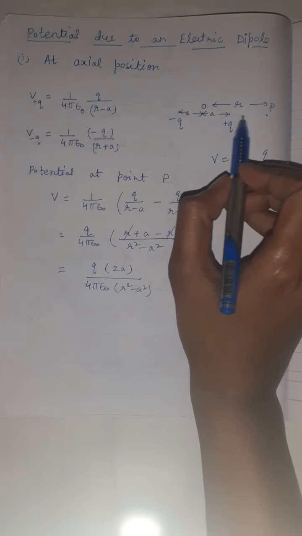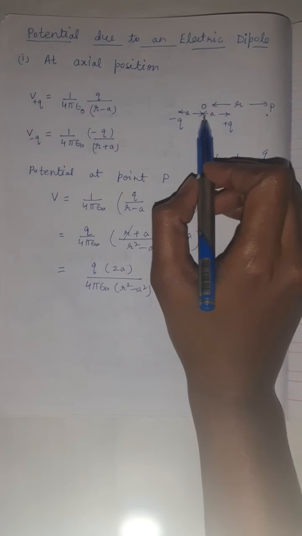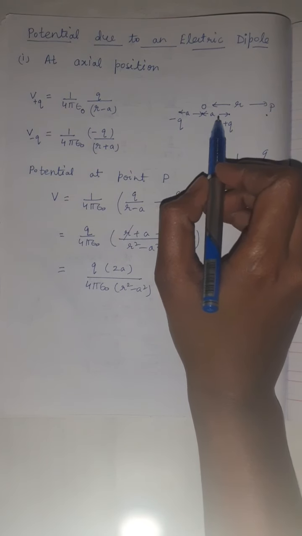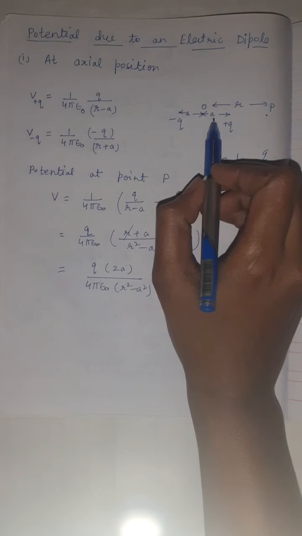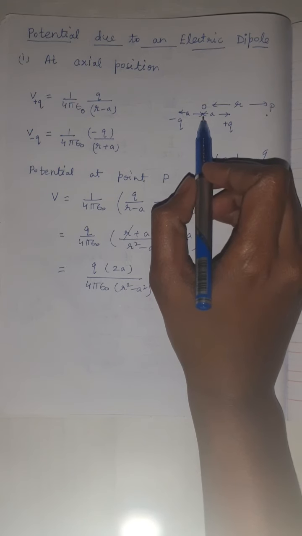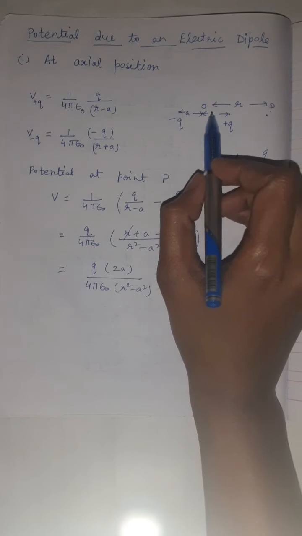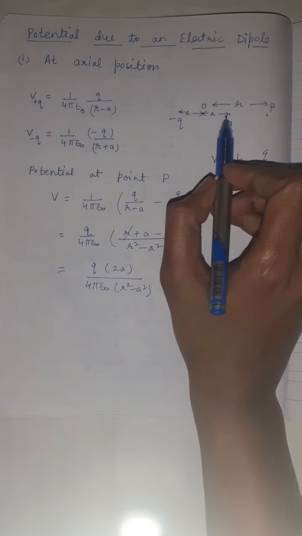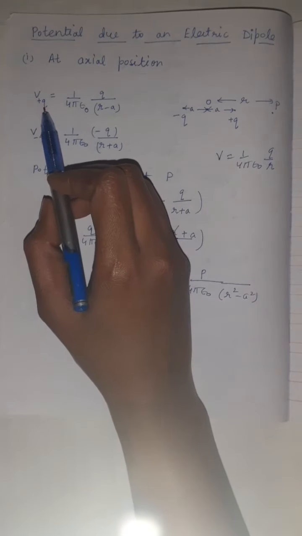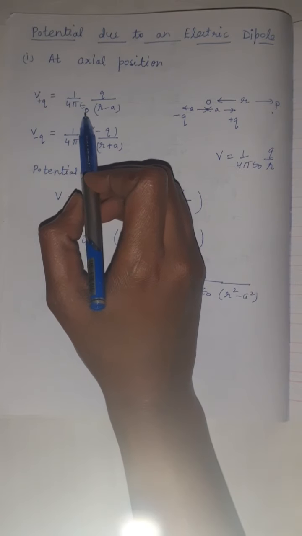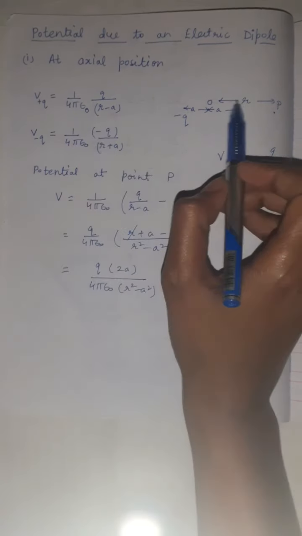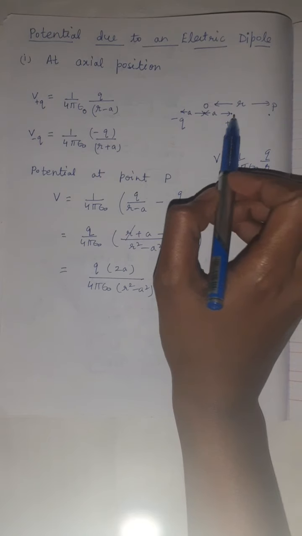See, this is the total distance r which is taken from the center of the dipole, and this is the distance a of the plus q charge from the center. So this distance will be r minus a. So the plus q potential is 1 upon 4 pi epsilon naught q upon r minus a.